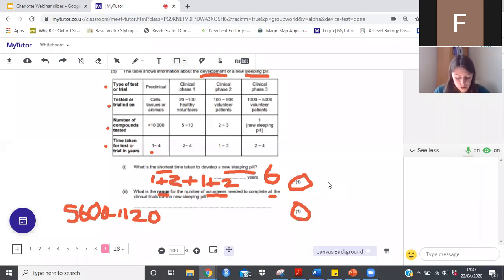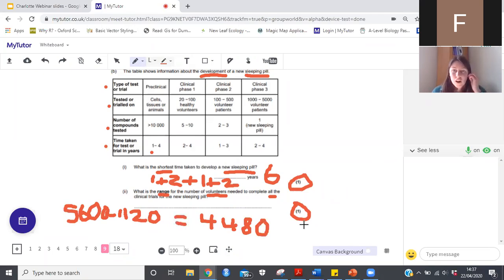Be a shame to get it wrong when all of you probably have calculators in front of you, since you might have been expecting physics. 4,480 is the answer to that one. Excuse my terrible writing. Never have been very good at this. Okay, so there's a really good example of a table with some quite detailed information in it, and then a couple of fairly simple, but you also needed to think them through, 1-mark questions there.